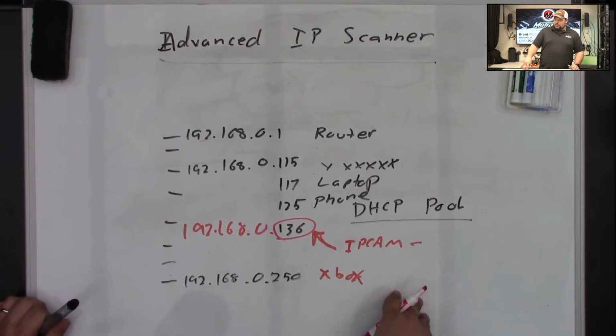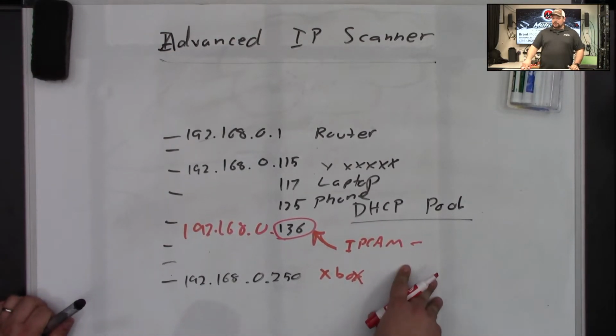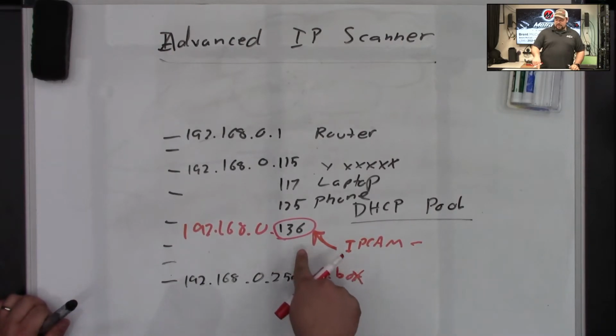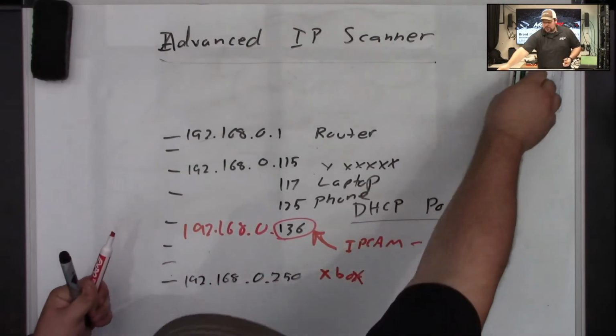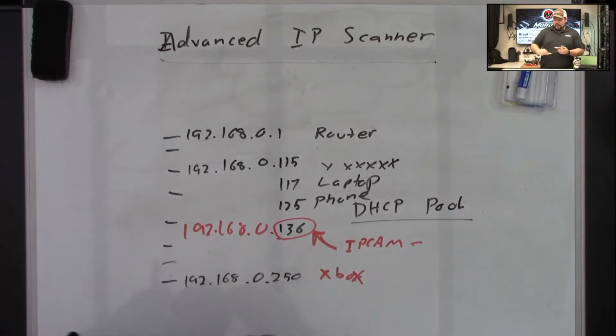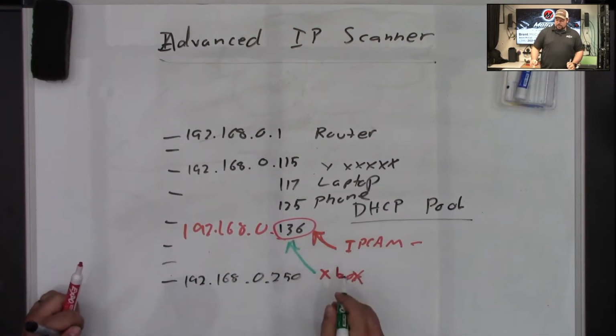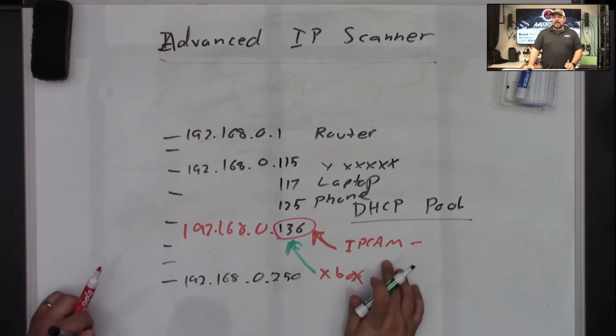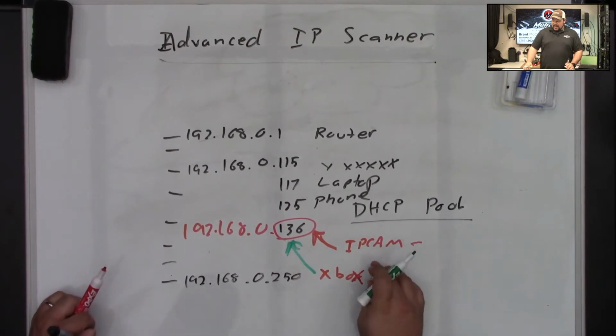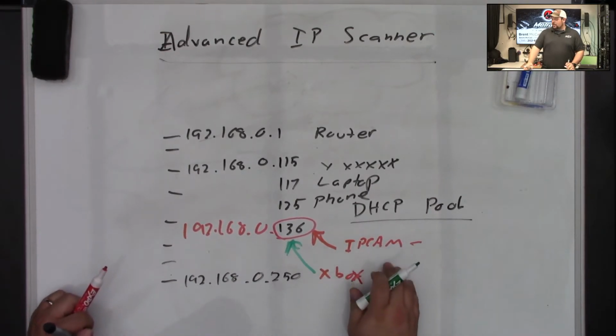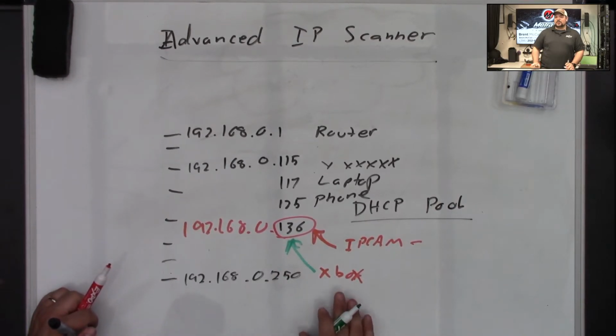That means there's a chance that during that reboot time the Xbox could be given that address. Which means when it comes back online, the Xbox is now at 136. But the IP camera I have, I've put in there, hey, IP camera, this is your static IP address, it's 136.